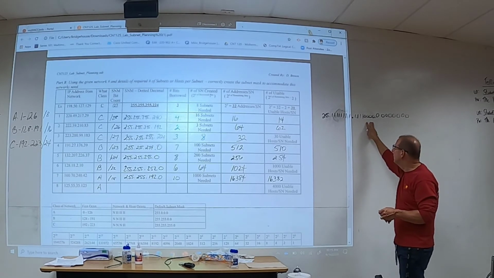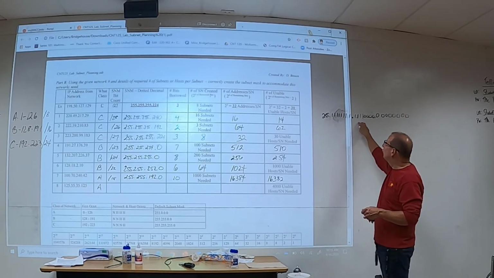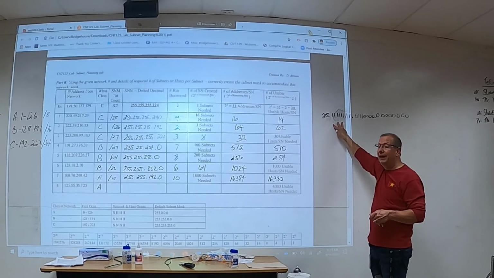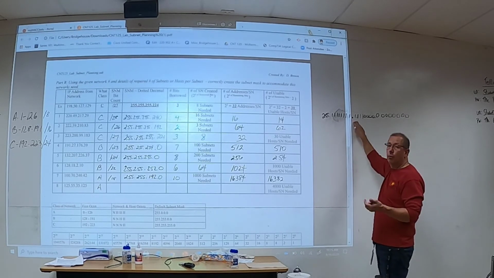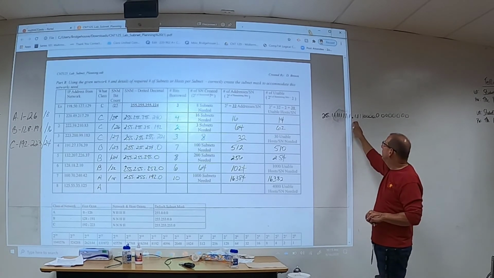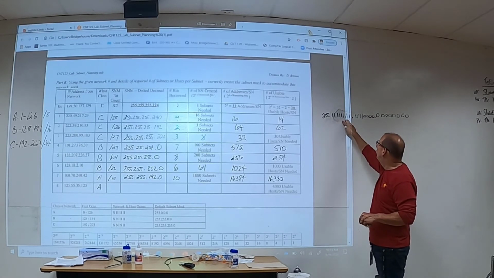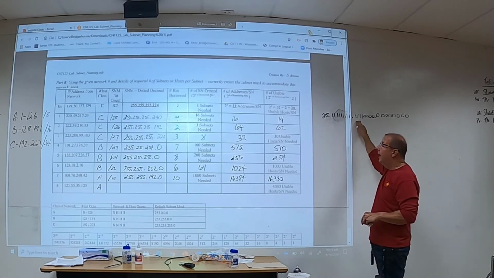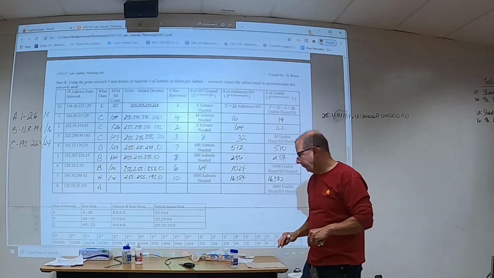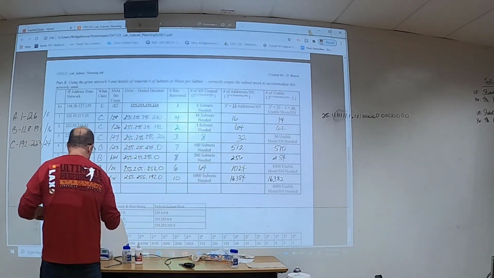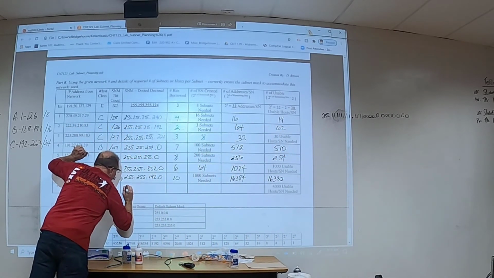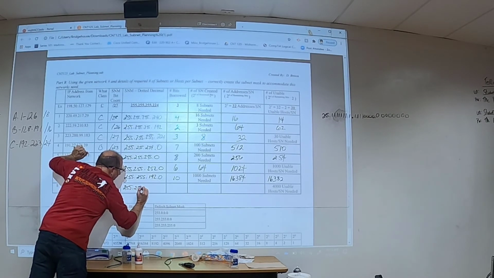Make sense? That means the rest are all going to be network bits, network and sub-network bits, really. Okay? So it's going to be 255, 255, 240, dot 0.